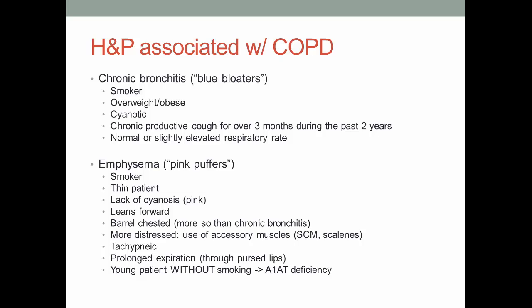So you can look through your physiology notes if you want to review the physiology behind that. And lastly, if you see these symptoms in a young patient and they're not a smoker, then they can have something called alpha-1 antitrypsin deficiency.